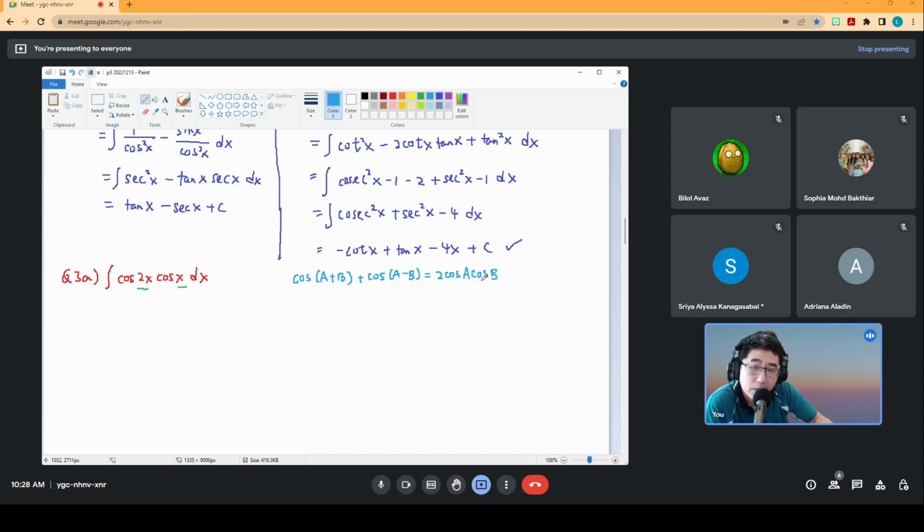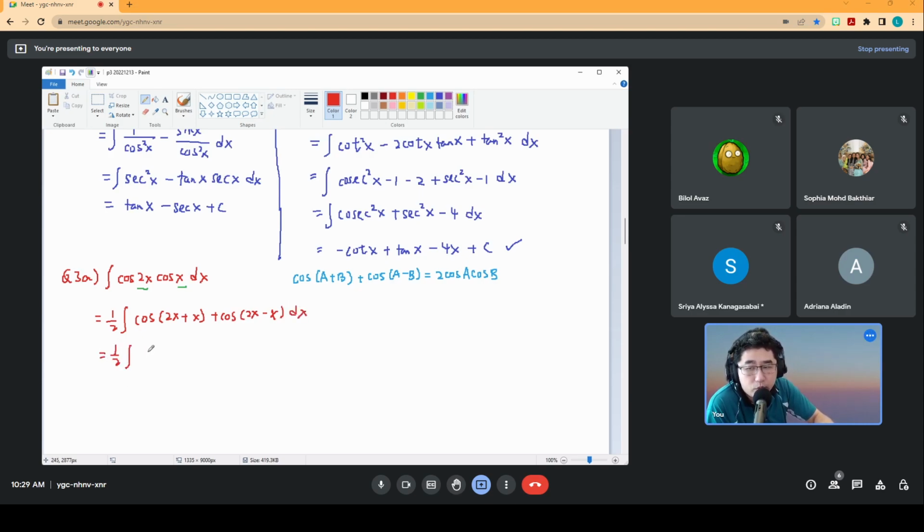You have this formula, and you can see it fulfills cos a cos b in this formation. Therefore, I can change this into the form of cos of 2x plus x plus cos of 2x minus x dx.